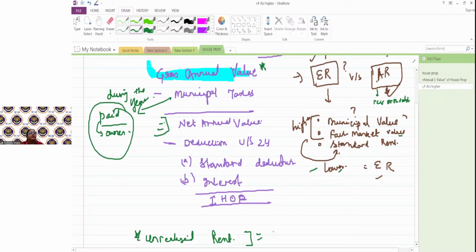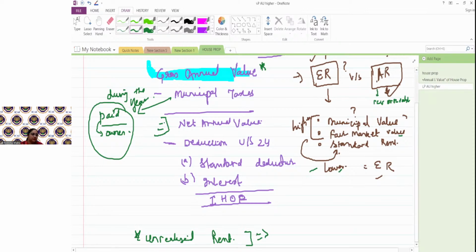So unrealized rent, my friend, is basically when there was a property which was let out to a tenant. Then the tenant defaulted in some payments of the property. Then I asked him to give me the rent. He did not give the rent and he vacated the property and left. I also filed a police complaint, I took the legal route too to recover the rent, but I was not successful.